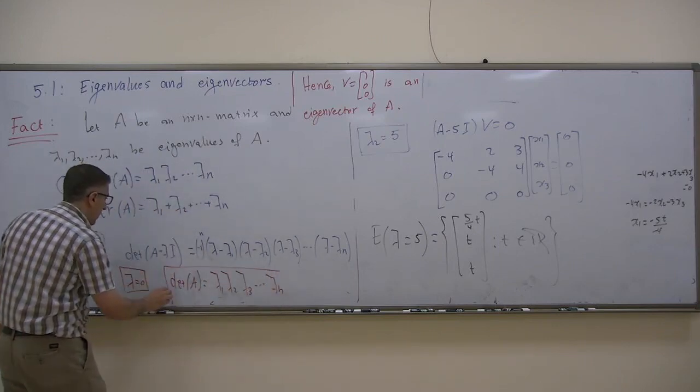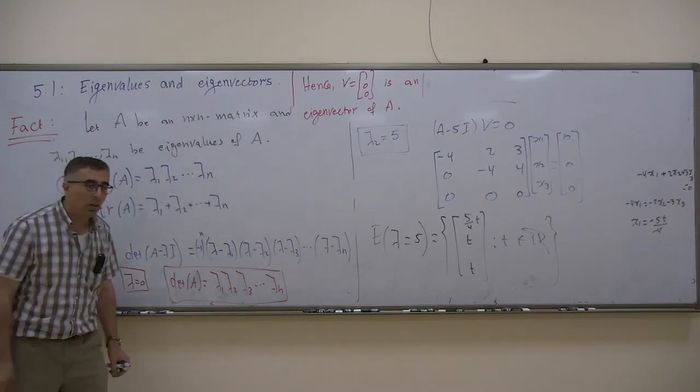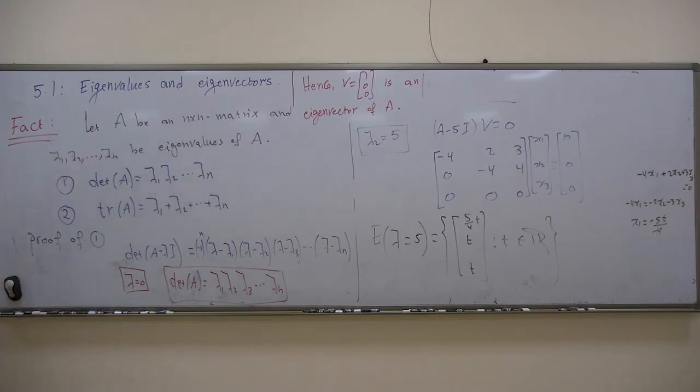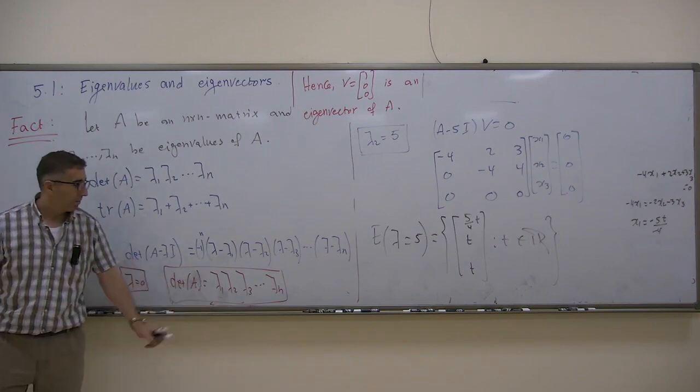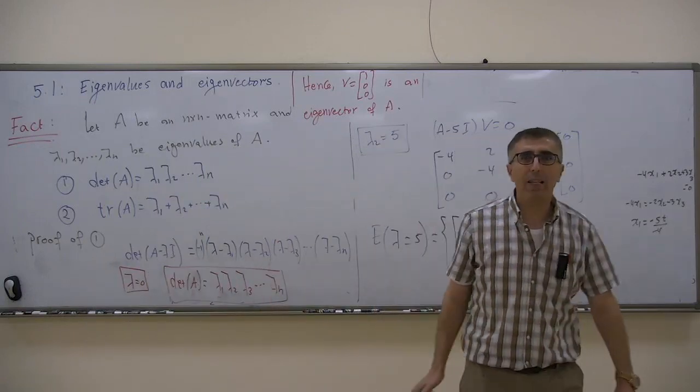So that is exactly what we are talking about. The determinant of A is the product of the eigenvalues. Okay? And that is very simple, very interesting. Now, look at this. What happens if one of the eigenvalues is 0?